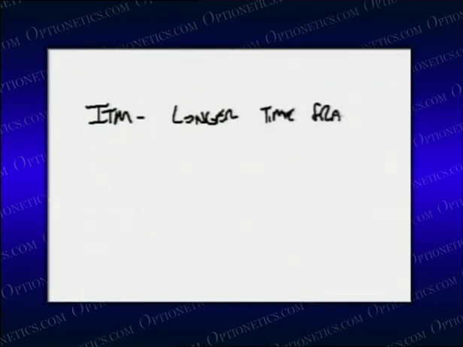Okay, we've talked about entry rules. Let's talk about some exit rules, and this is for the income strategy. If you remember, George and I talked earlier, and I'm going to write this down here for you. If the bull put spread is in the money, we're going to be using a longer time frame.